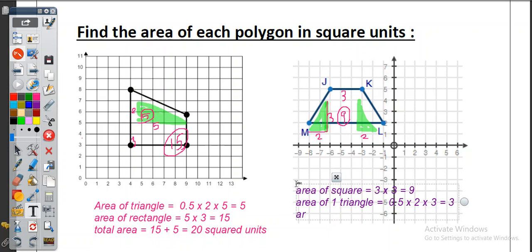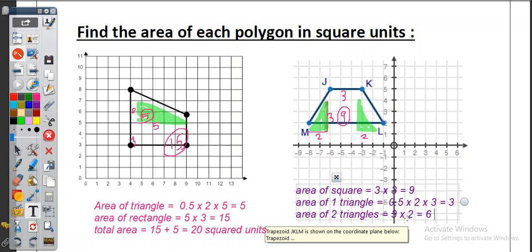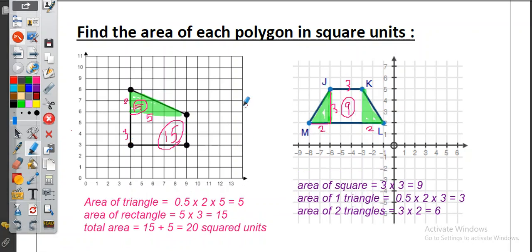And the area of two triangles equals 3 times 2, which is the 3 that you found, times 2, which equals 6. So to find the area, you will add 9 plus 6.